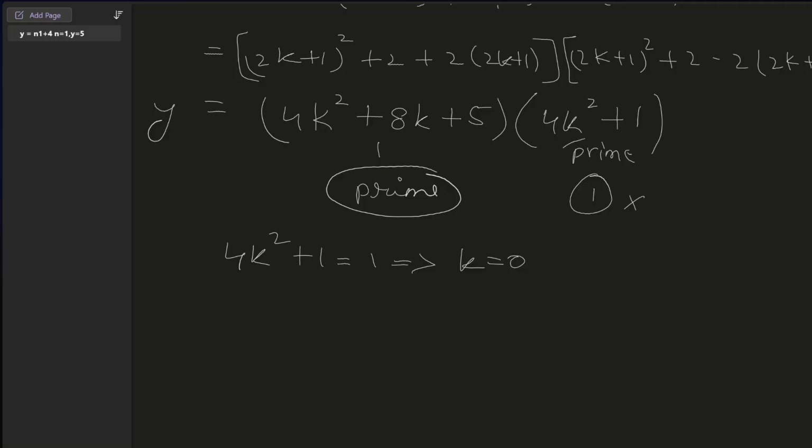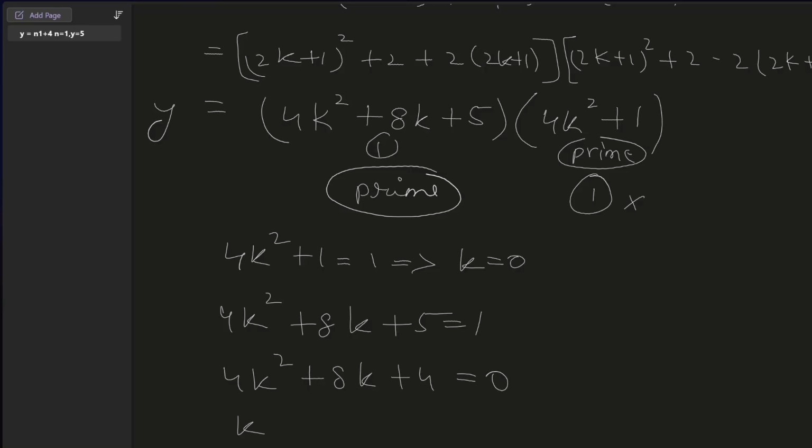Now let's look at this case when 4k square plus 1 is prime and 4k square plus 8k plus 5 is 1. So when 4k square plus 8k plus 5 is equal to 1, it basically means that 4k square plus 8k plus 4 is equal to 0. So k square plus 2k plus 1 is equal to 0.